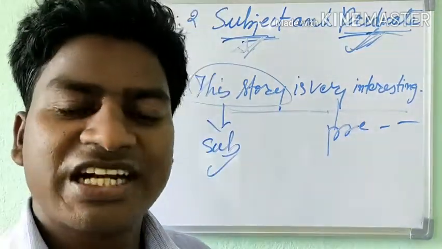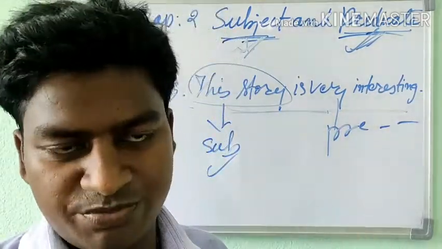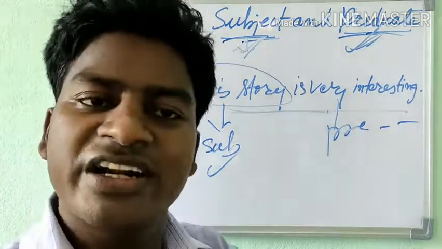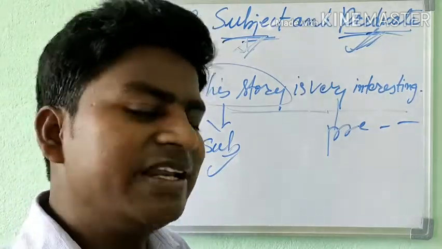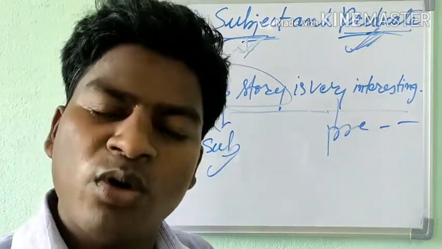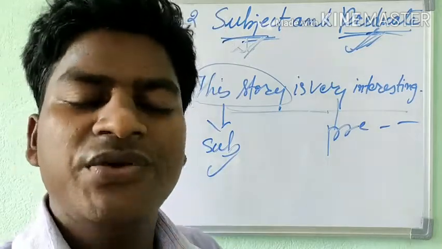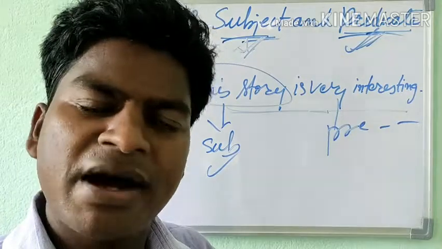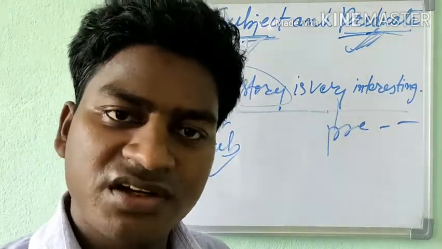So in most of the sentences, at the first of the sentence we always have the subject. But it is not necessary that a subject should always be at the beginning of the sentence. In most cases, in most of the sentences, we find the subject at the beginning, but remember, this is not always.